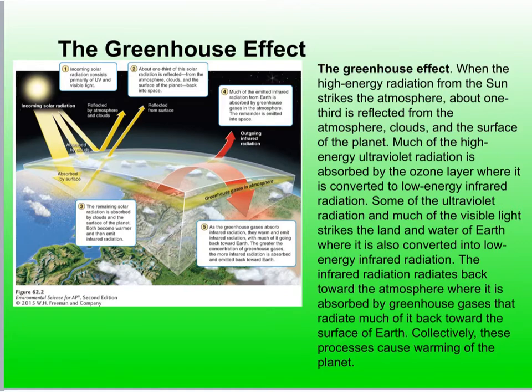However, the process by which actual greenhouses are warmed by the sun involves glass windows holding their heat, whereas the process by which Earth is warmed involves greenhouse gases radiating infrared energy back towards the surface of the planet.